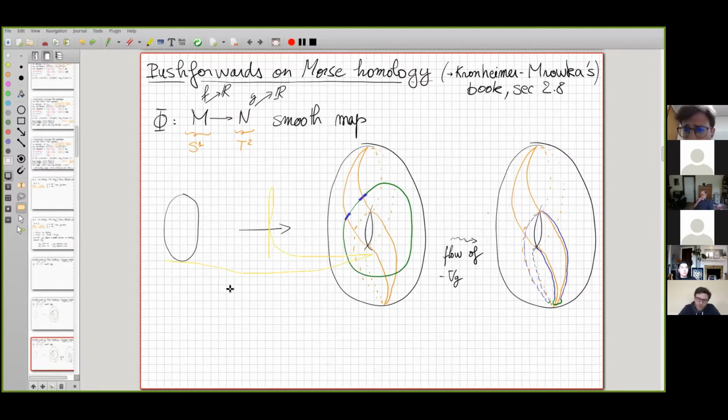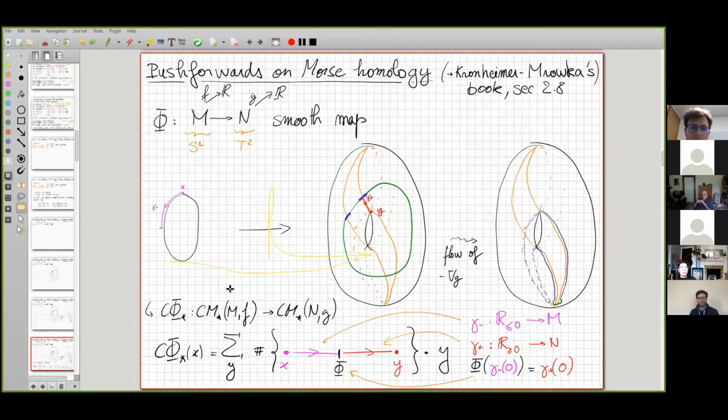Okay, and so basically here, you would like to count these two blue circles here that will define the push forward. Okay, so you can do that, and it turns out that counting these is equivalent to counting what we call Morse grafted lines. So this consists of couples of half lines gamma minus and gamma plus.